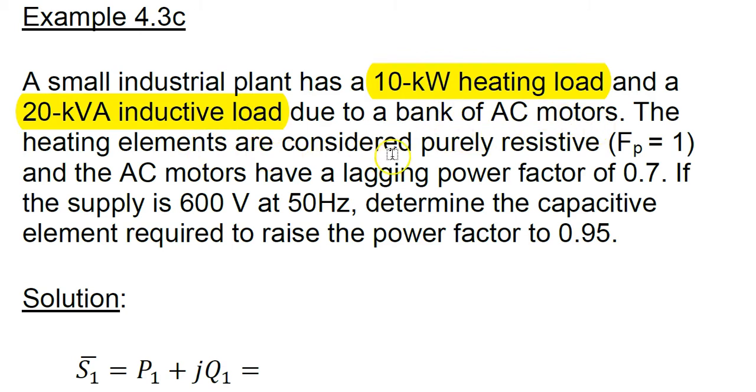The heating elements are considered purely resistive, that is a power factor of 1, and the AC motors have a lagging power factor of 0.7. If the supply is 600 volt at 50 Hz, we want to determine the capacitive element required to raise the overall power factor to 0.95.